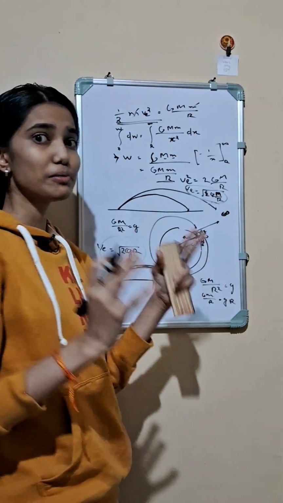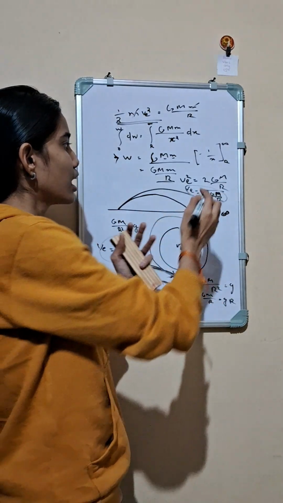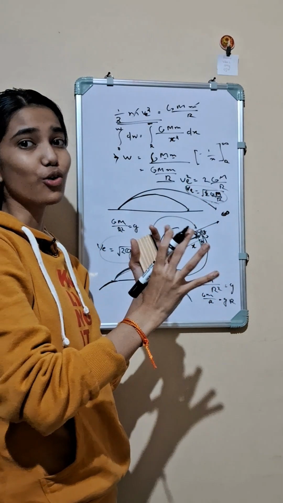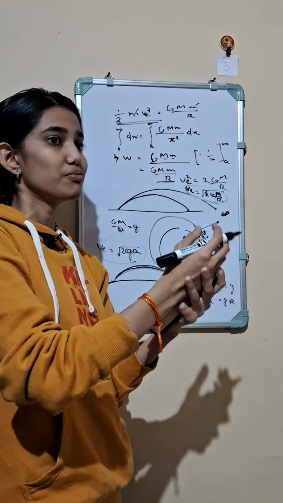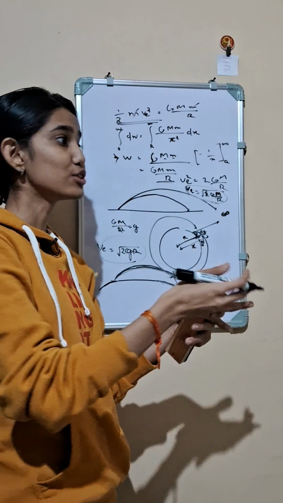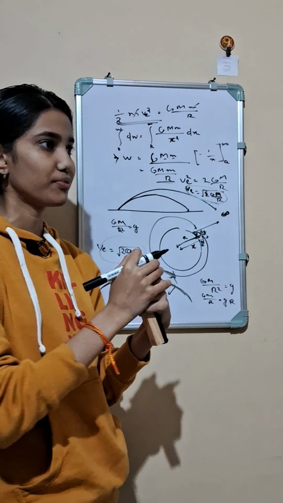And you know about black holes. The escape velocity of a black hole is greater than the velocity of light. That's why even light cannot escape from black holes, right?